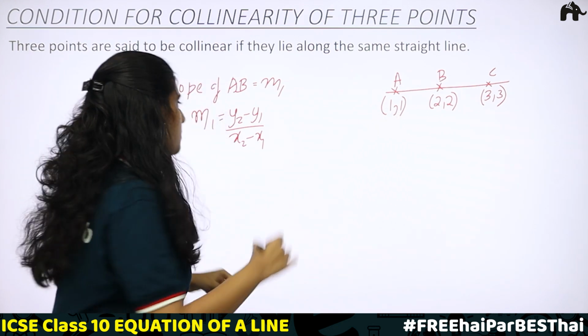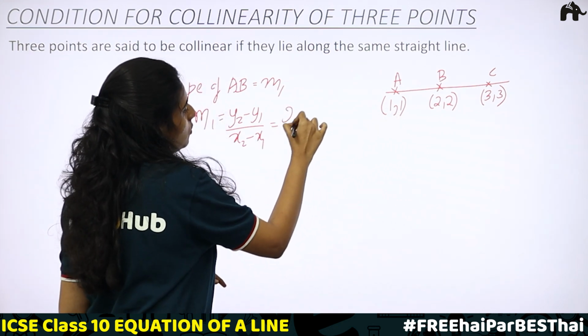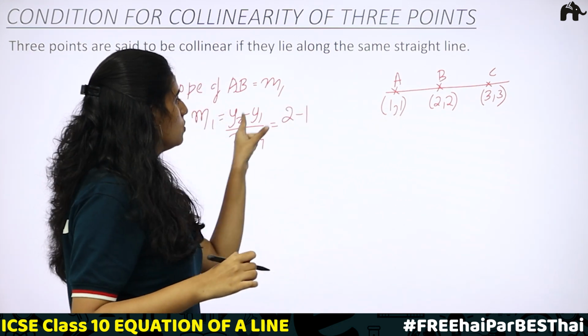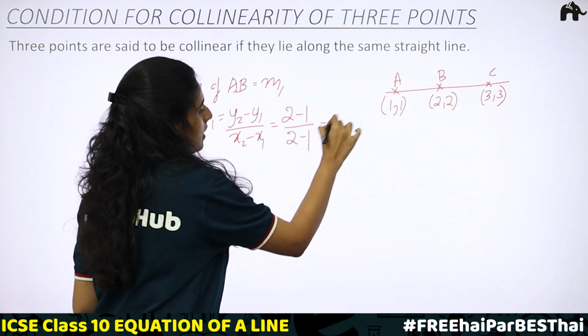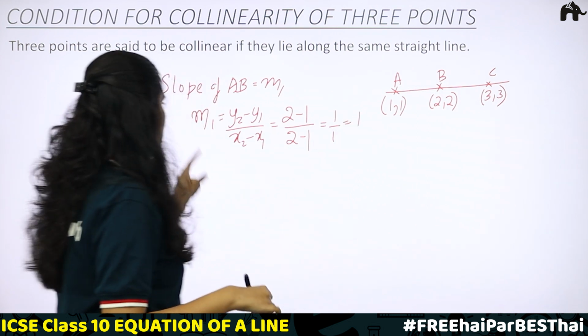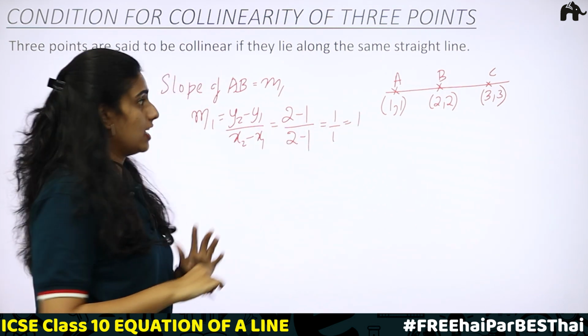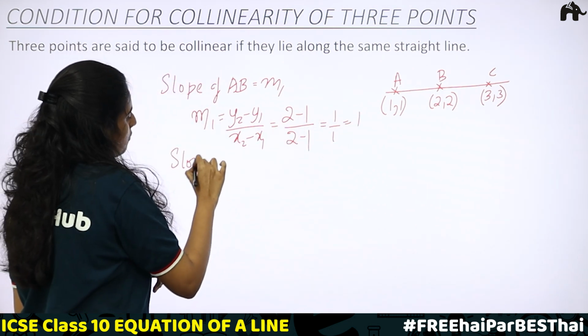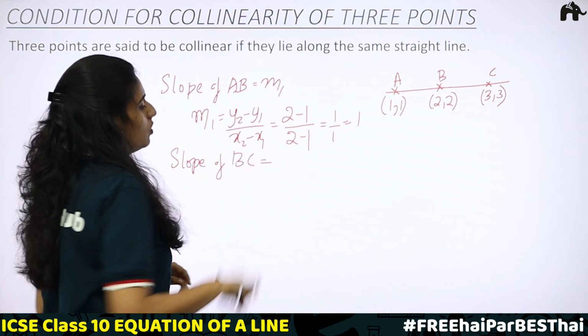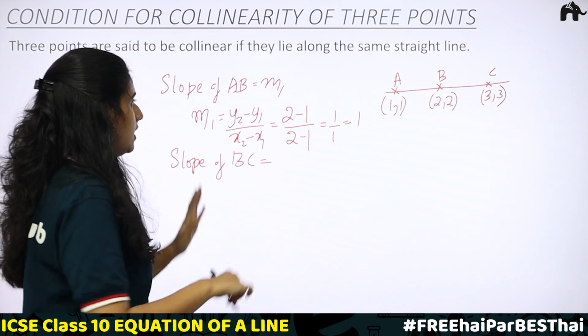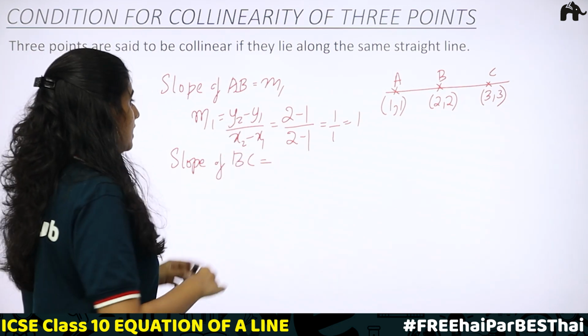Putting values we get 2 minus 1, y2 is 2 and y1 is 1, divided by 2 minus 1, 1 by 1 equal to 1. We got m1 is equal to 1. Next, the slope of BC. What is the slope of BC? How to get the slope of BC?